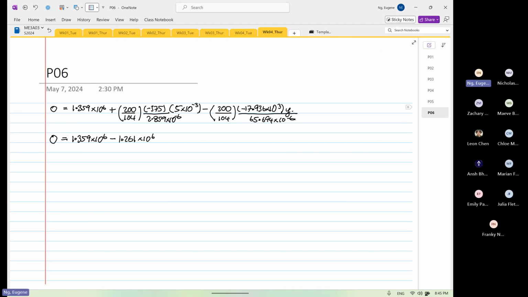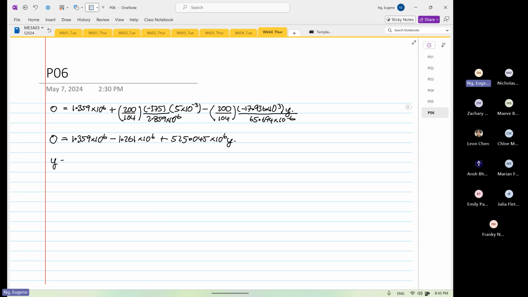And then this one will be plus, will be 200.536 to the power 3 by 104 by 65.694 to the power minus 6, which is 525.045 times 10 to the power 6 Y. Okay.